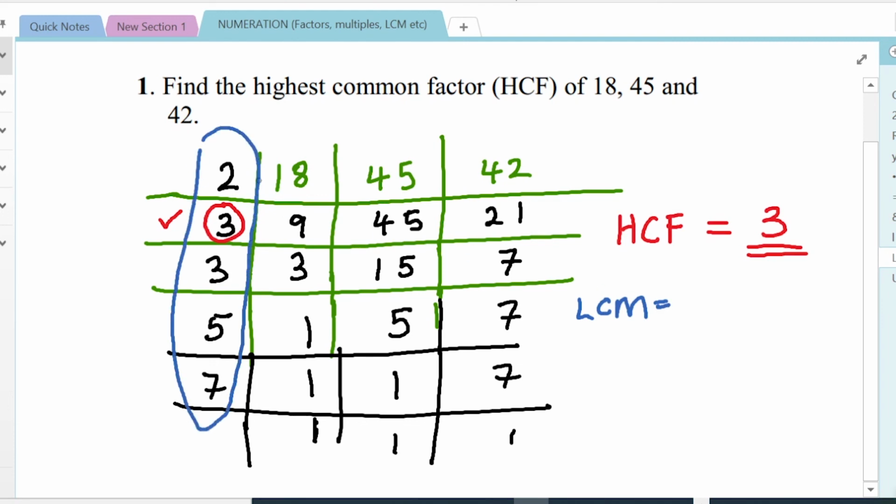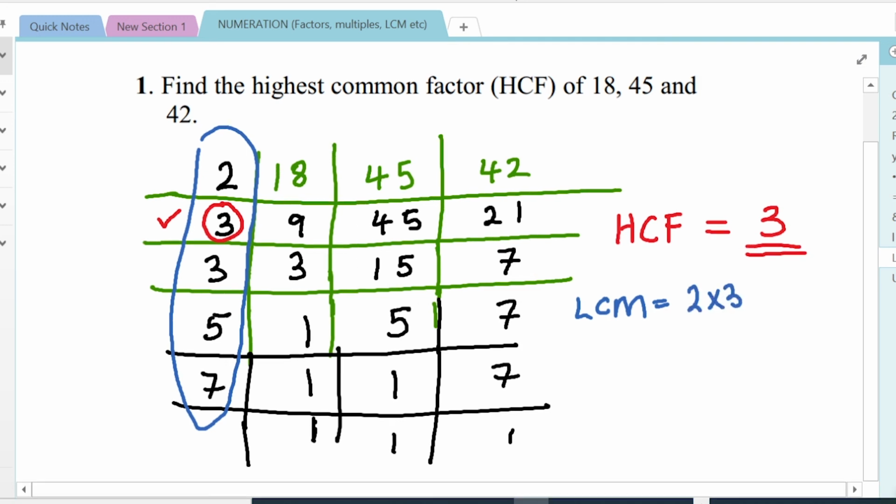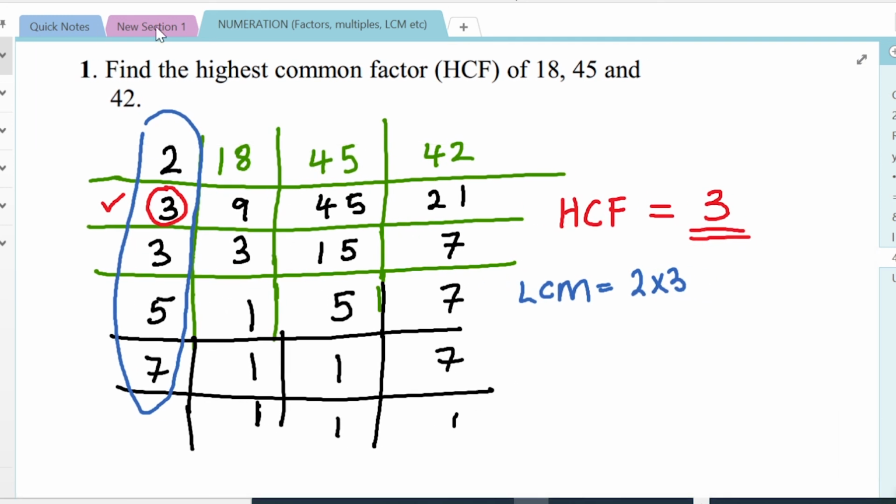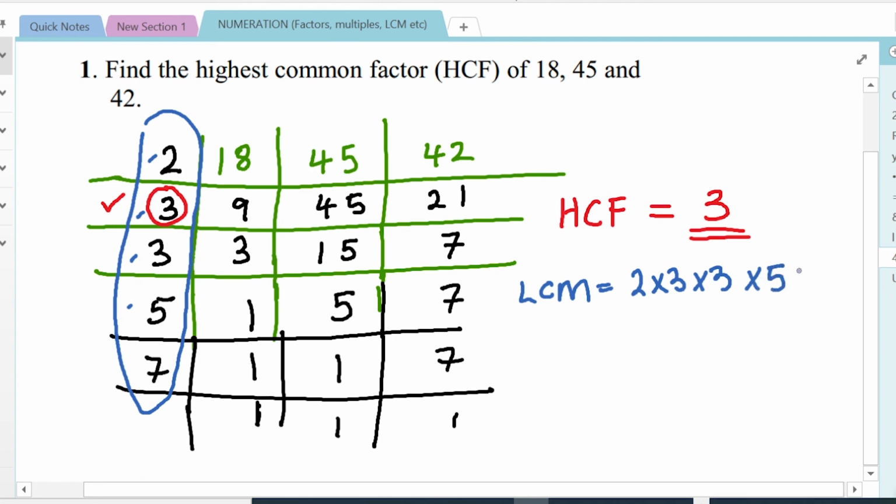So it's going to become 2 times 3 times 3 times 5 times 7. Of course 2 times 3 is 6, times 3 times 5, which is 15, times 7. So we shall go ahead and get our answer there.